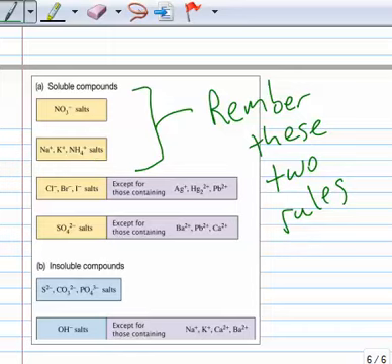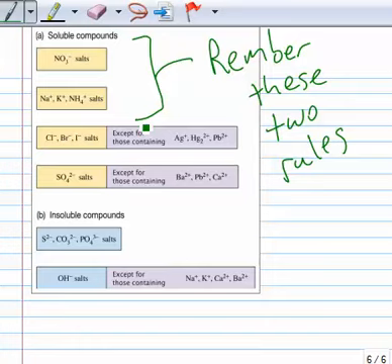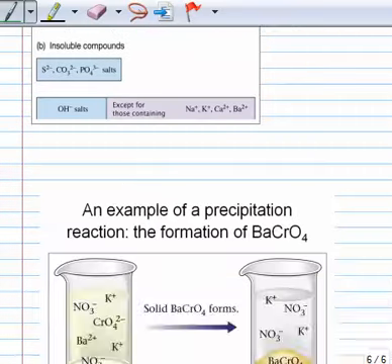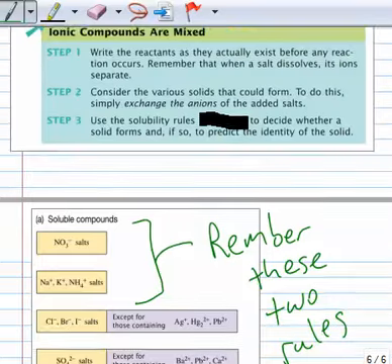So sodium chloride is soluble, sodium sulfate, any sodium, potassium, or ammonium salt will always be soluble. And so we can use these two simple rules to rule out any of the possibilities and allow us to predict what our products are. So, well, let's jump the gun there.